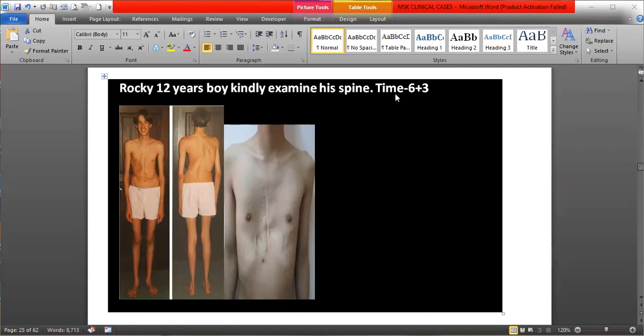Otherwise, if we do it in an unstructured way, first doing the general examination, suppose you are auscultating the heart, that is a part of the examination that can be accepted. But if we are wasting so much time without doing the Beighton score, they will be definitely downgraded. So it's always better to include the Beighton score whenever you are studying the examination.